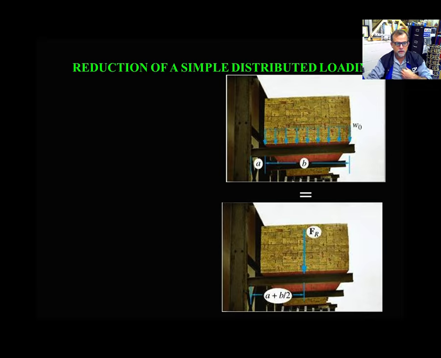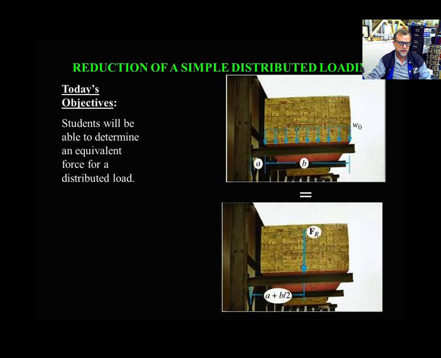But if I ask for the total effect of this block, it's going to be acting at the center, and that's something you know for empirical reasons, because you have done it before. And yes, I know that is related to the center of gravity, but we haven't covered that material yet. In reality, it's going to be acting at the center of gravity, or could be considered to be acting at the center of gravity.